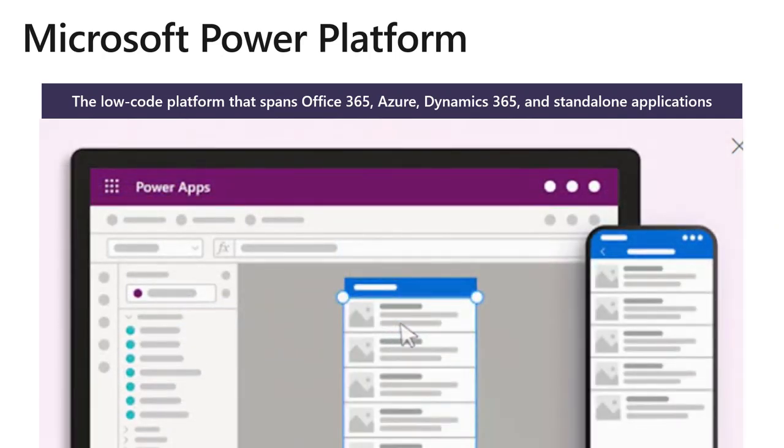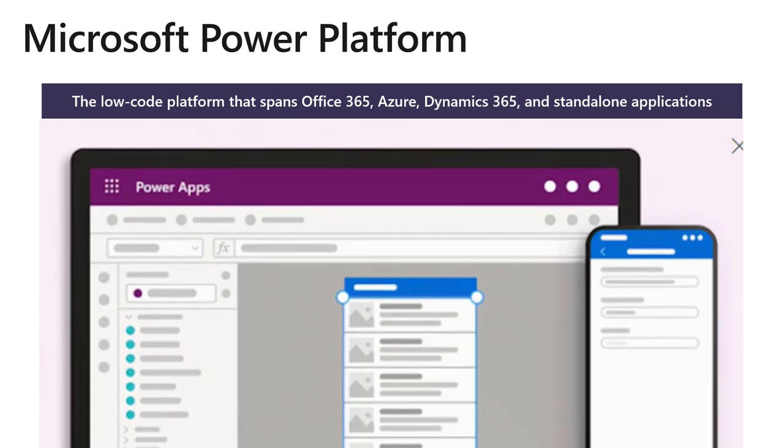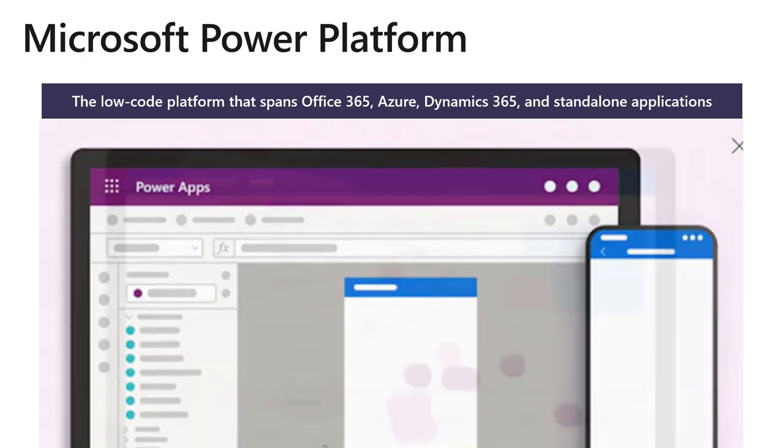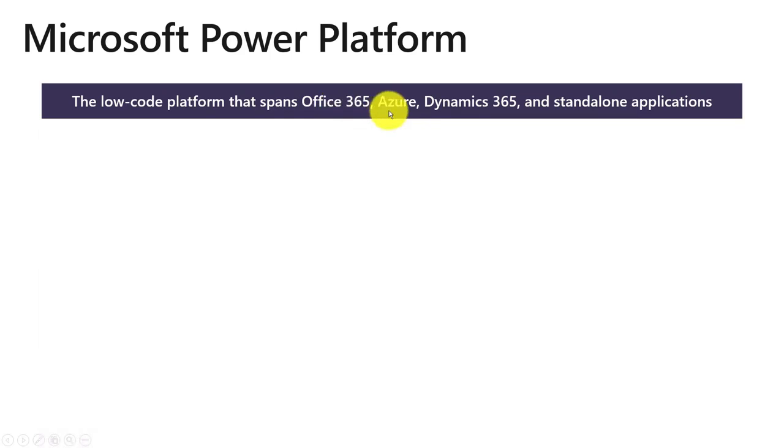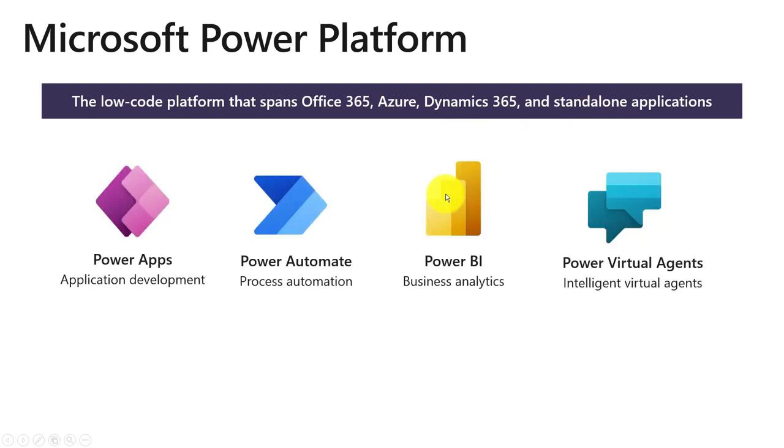The Power Platform is basically a platform whose main goal is to create business applications without code or with very little code, which means that most of the business applications are based on drag and drop. When you use this drag and drop, it will mostly be easier than writing code.